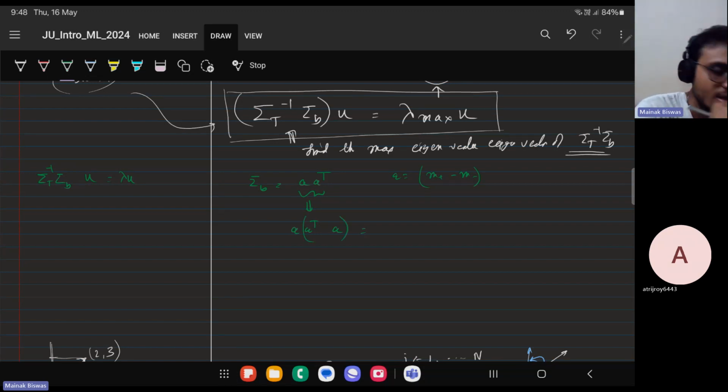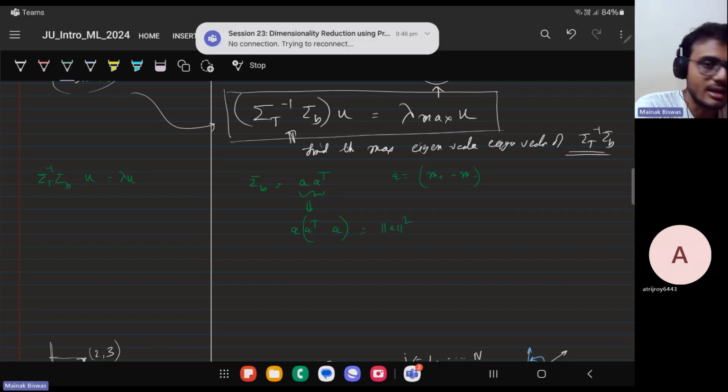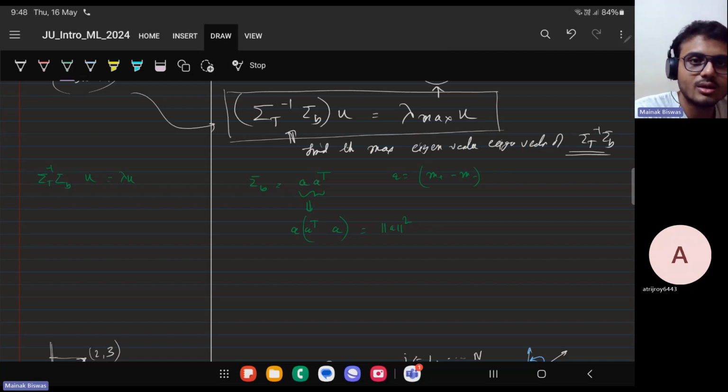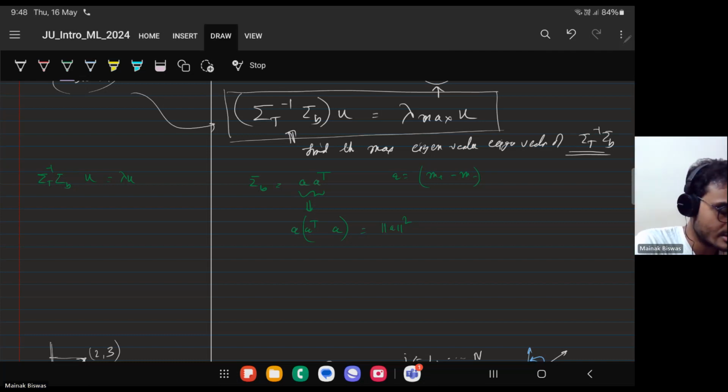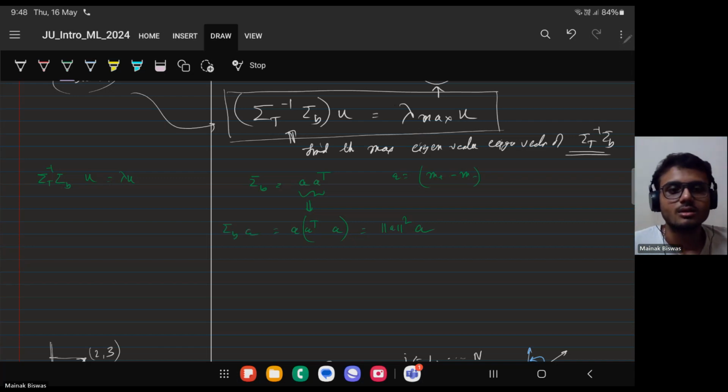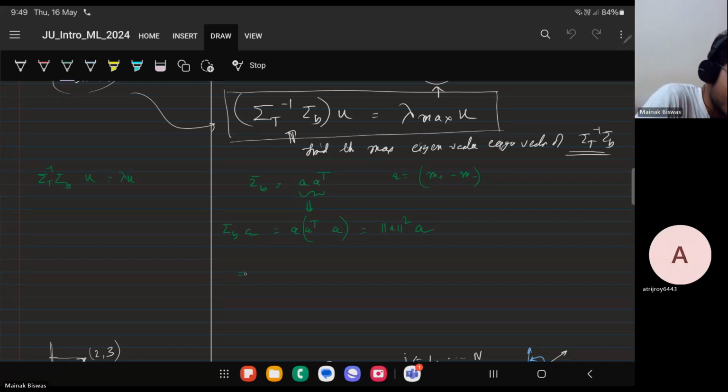A transpose into A. This is A squared. So sigma b is equal to A transpose into A. So finally, I can write sigma b as, what can I write this as?